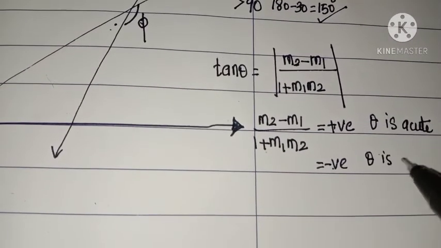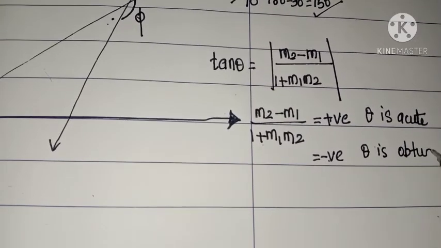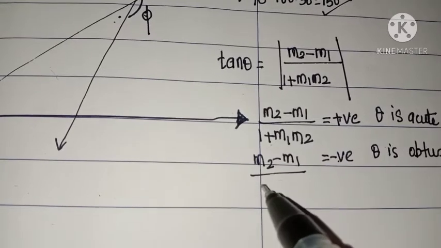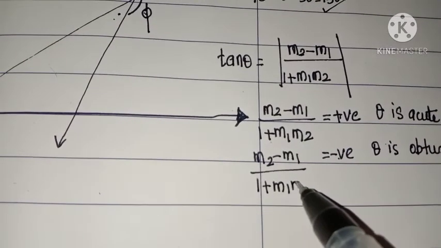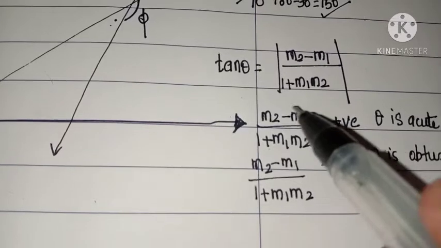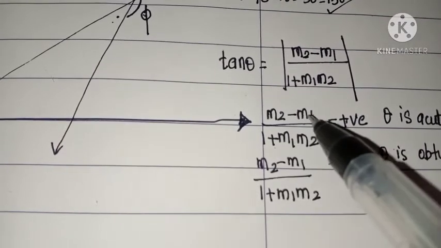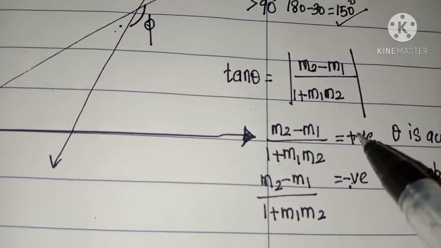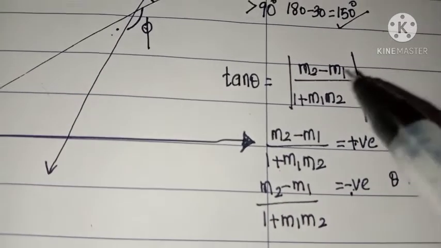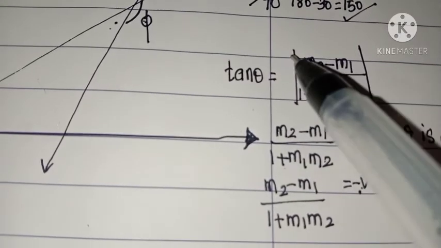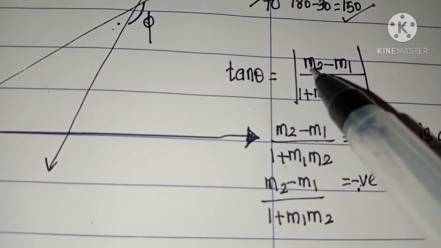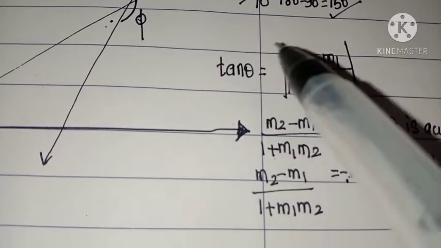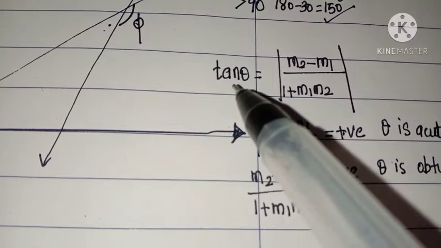If theta is obtuse, meaning more than 90, then m2 minus m1 by 1 plus m1 m2 becomes negative. So the expression carries two signs, positive as well as negative. That's why we put this expression between the modulus or absolute value notation. Okay, anyway, you have to memorize this formula.